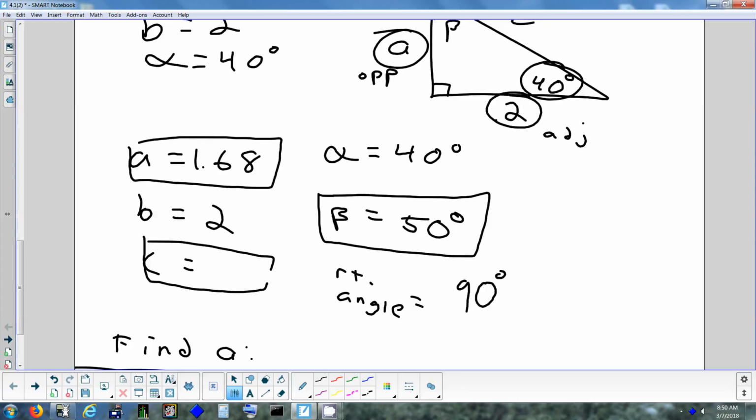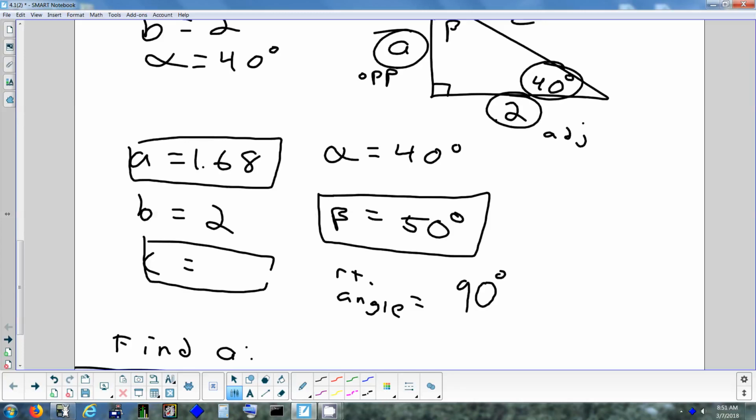I think we should find C a different way. Yep, because we've already calculated 1.68. Even if it's right, it's rounded. So if you use that to find C, best case scenario, you just get an answer that's not as accurate because you already rounded A. Worst case, you found A wrong, and now C is just completely wrong.